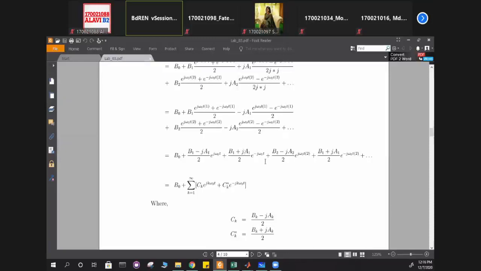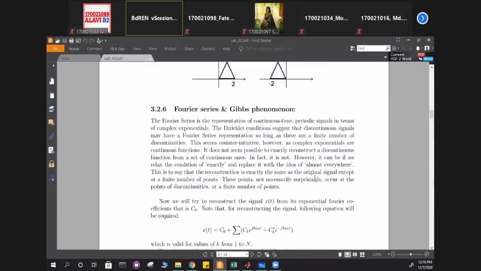One of the conditions suggests that if a periodic signal has a finite number of discontinuities, then it can be represented using Fourier series coefficients, it can have a Fourier series expansion.